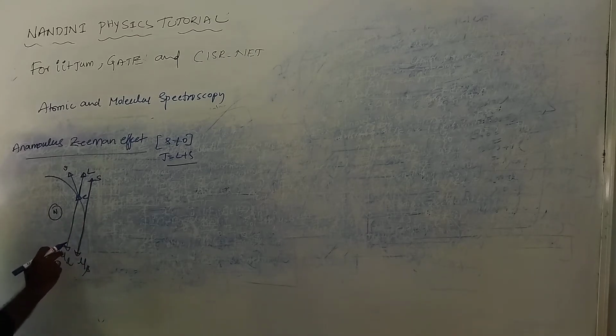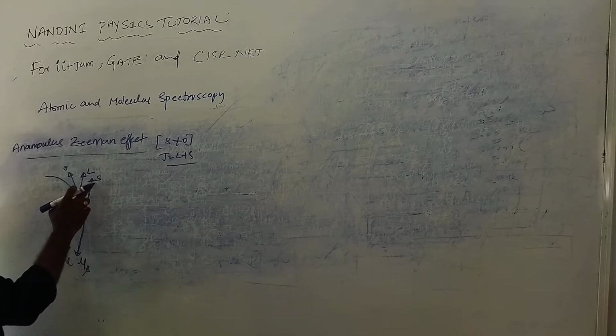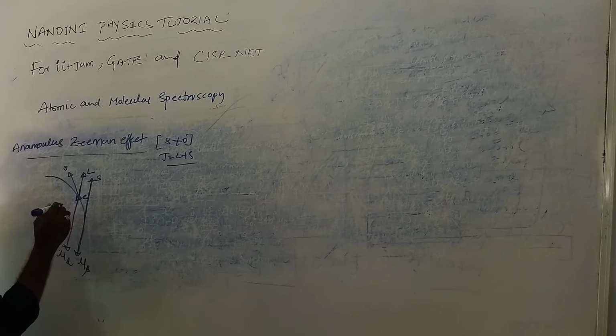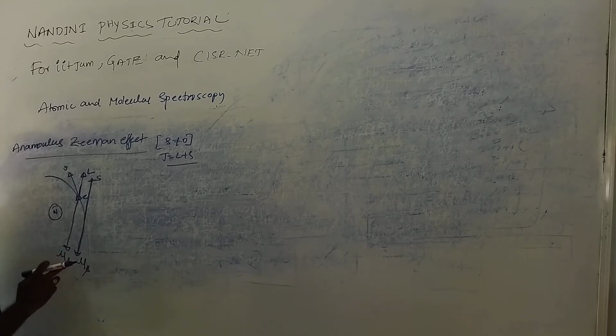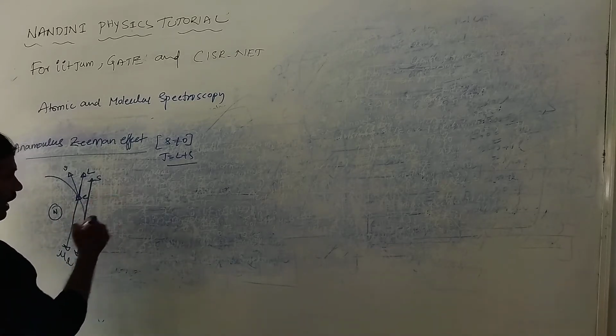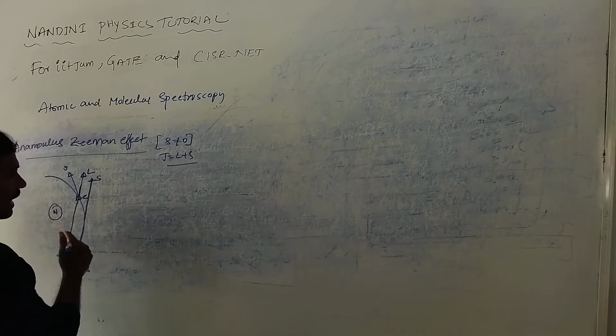So, these magnetic moments are always opposite to these quantum numbers. Okay. And because internally one magnetic field is developed, the interaction of this internal magnetic field with this magnetic moment gives a spin orbit interaction, understand.